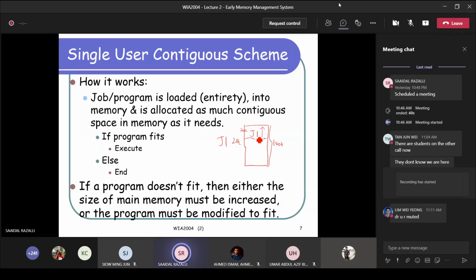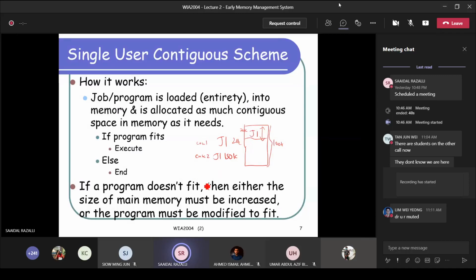That is case 1. In case 2, job 1 is 150K. Because the memory size is 100K, it will just end the program and not execute.